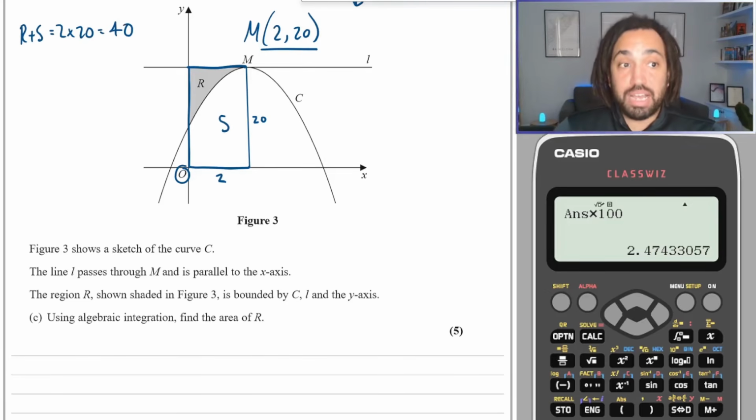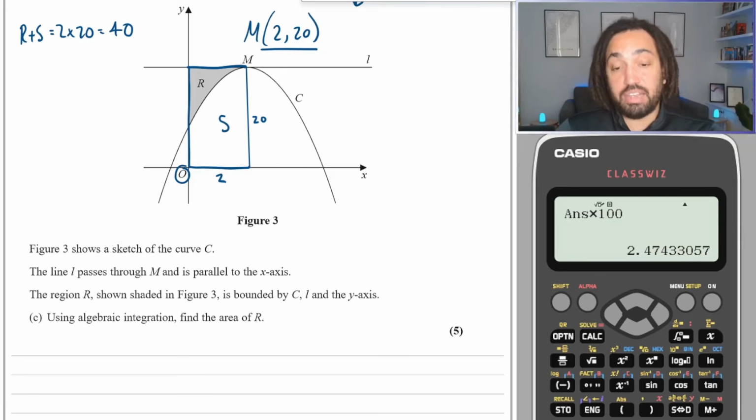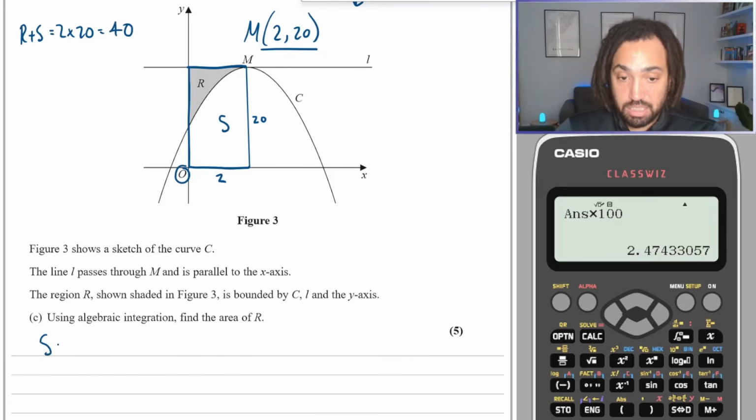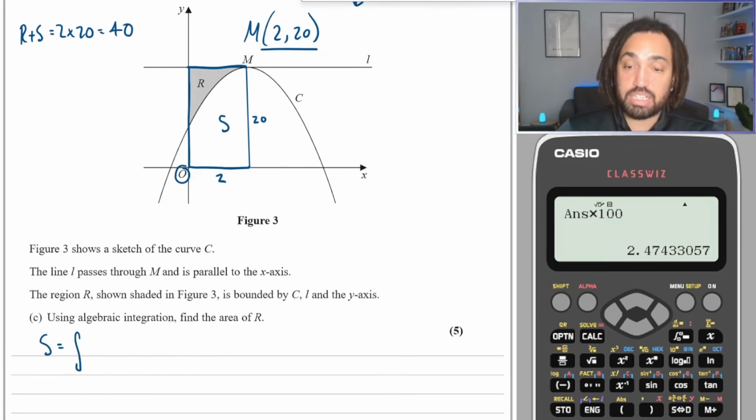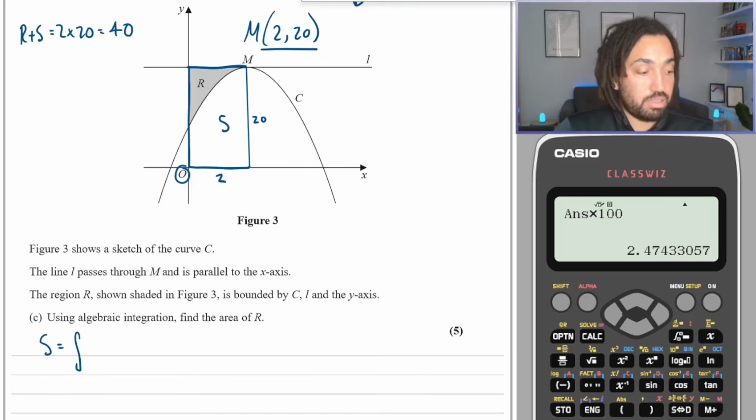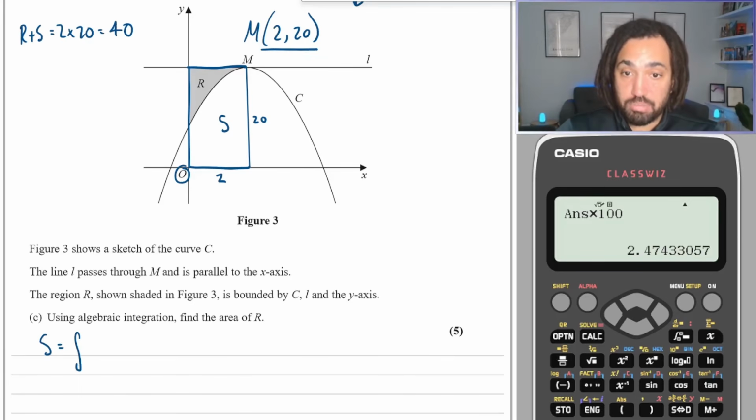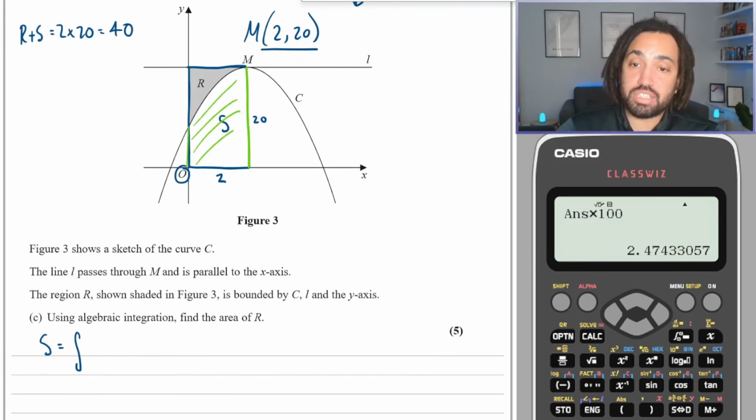Okay, now I can use algebraic integration to find the value of S, because I'm going to integrate under the curve, and I'm going to integrate between the two x values of 0 and 2, and that's going to give me this region S. Okay, so let's do that.